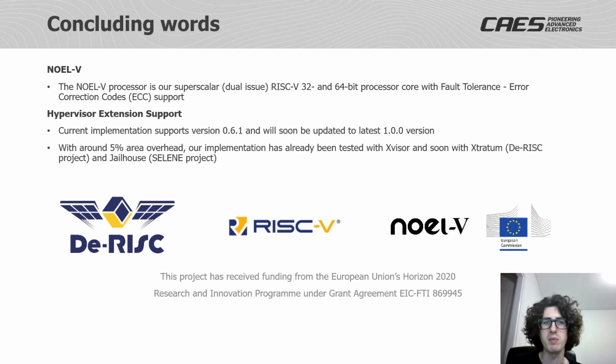Our current implementation supports the 0.6.1 standard version, but will soon be updated to the latest 1.0.0 version. And with around 5% overhead, our implementation has already been tested with Xvisor, and soon with XtratuM and Jailhouse hypervisors from the De-RISC and SELENE projects.